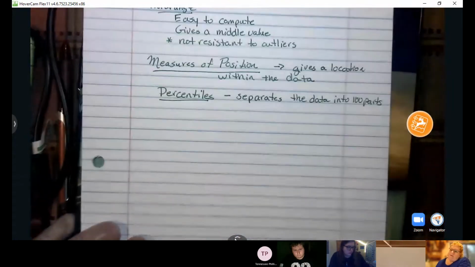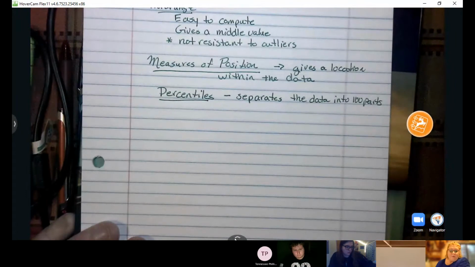When you give a percentile rank, it means that if you're at the 30th percentile, that means that you have 30% below that value.